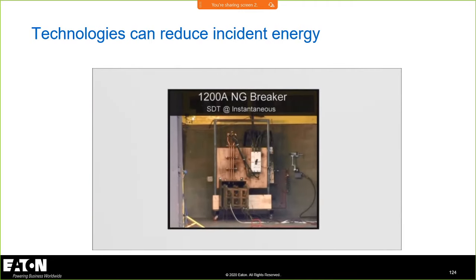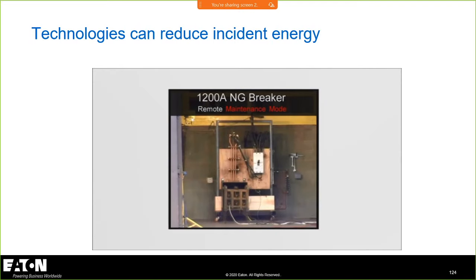First, let's take a look at the test performed on a 1200 amp molded case circuit breaker set to trip via its standard instantaneous function. 3, 2, 1, 0. Next, Eaton's 1200 amp NG molded case circuit breaker with maintenance mode was tested. 3, 2, 1, 0.